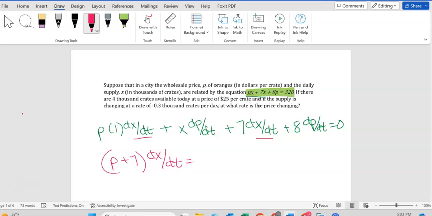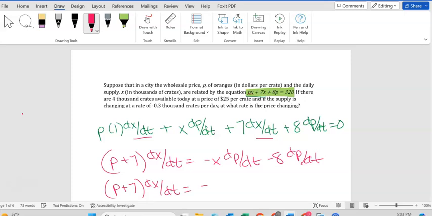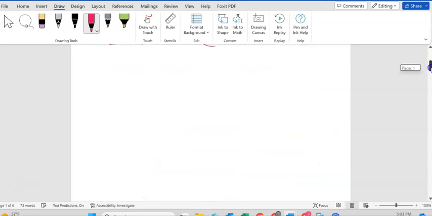Now I have to move these next door, so I'm going to have a negative x dp/dt and a negative 8 dp/dt. So I have (P + 7) dx/dt equals (negative x minus 8) dp/dt.